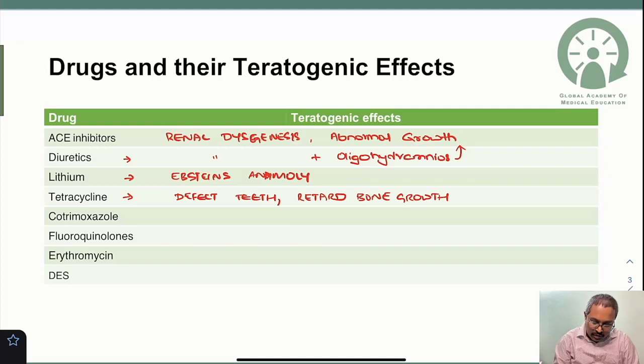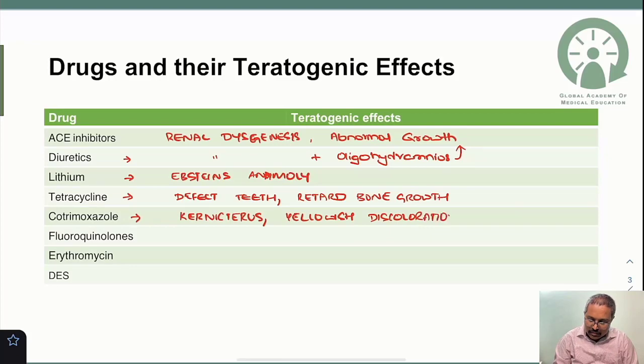So what about cotrimoxazole? Cotrimoxazole is known to cause kernicterus. So it is also called yellowish discoloration or yellow baby syndrome.